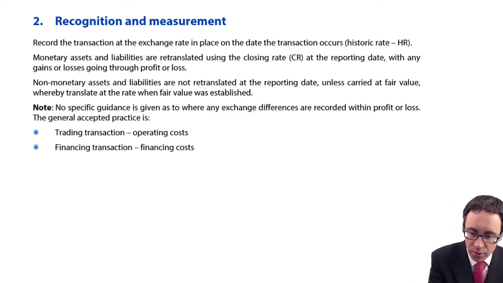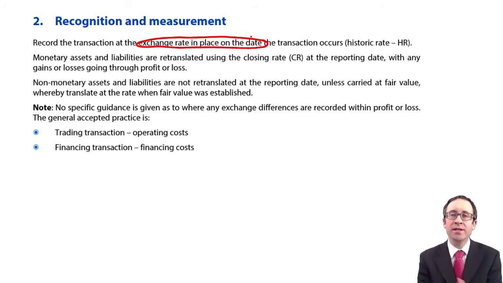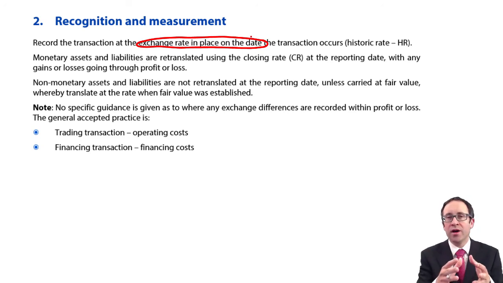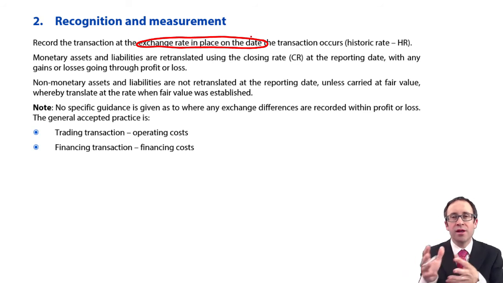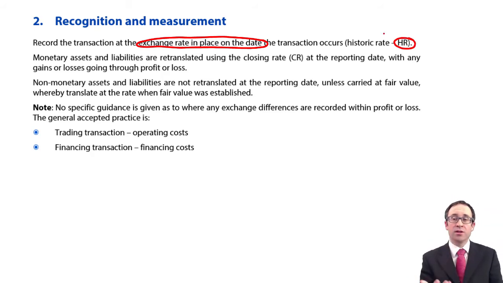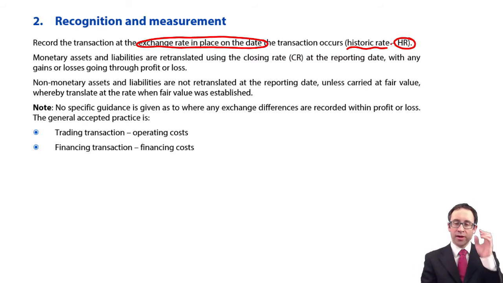Okay. So if we think about what happens initially, if there is a transaction, then you will record it at the exchange rate in place on the date the transaction occurs. So if you were to record a transaction within your accounts, converting it from the overseas currency into the functional currency, you would use today's exchange rate, which is referred to as the historic rate.